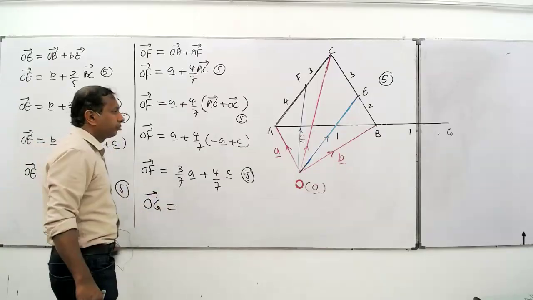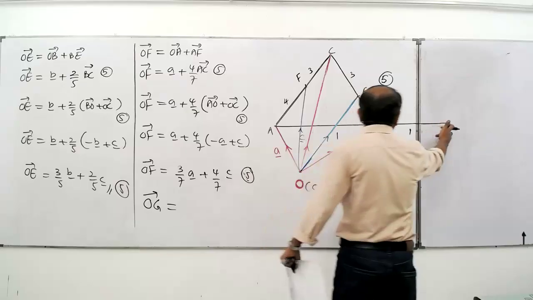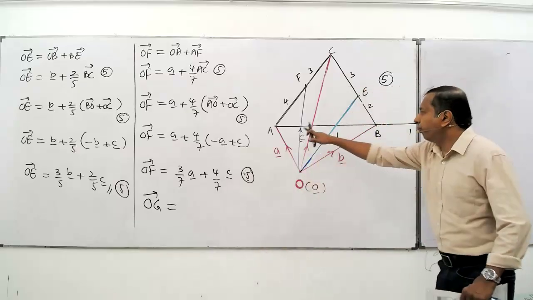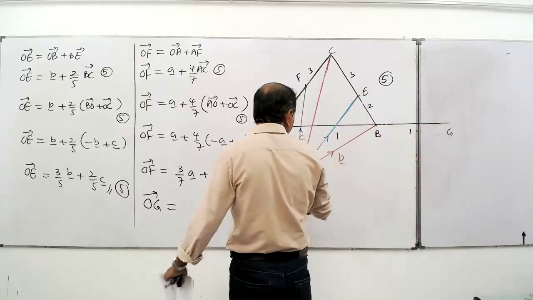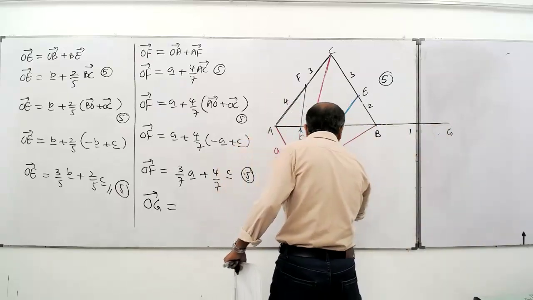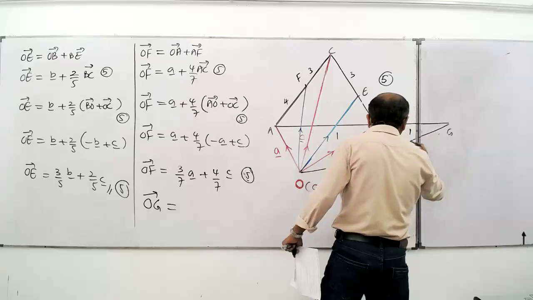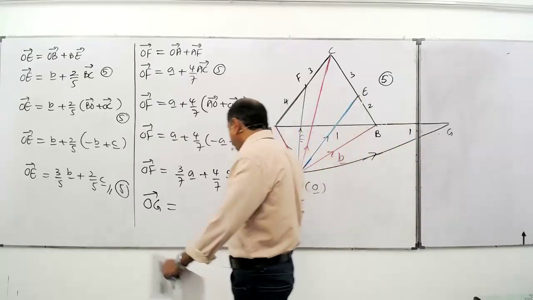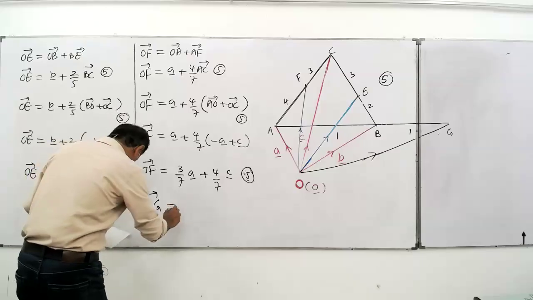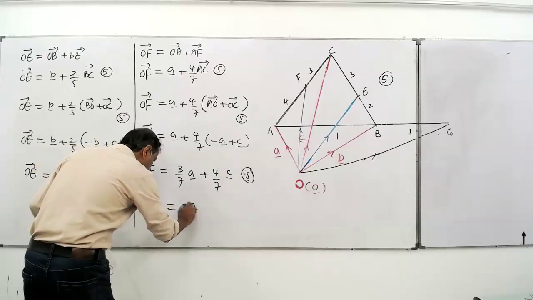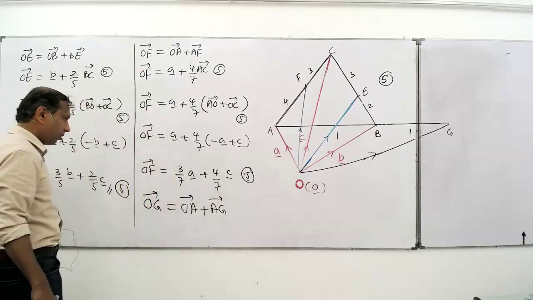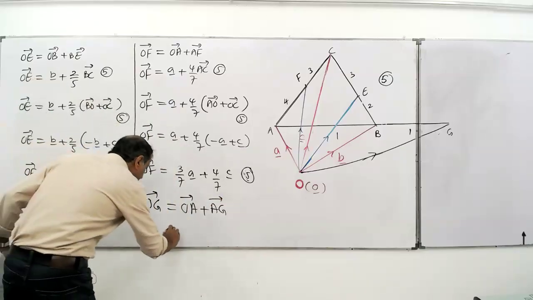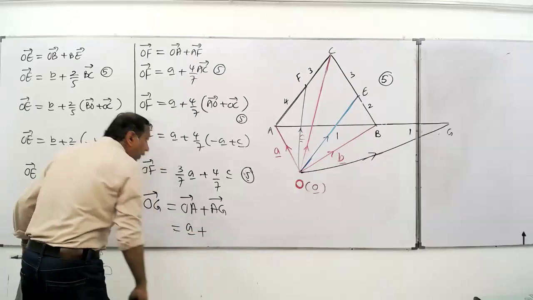OG, if this is the midpoint, is what we are asking. OG you can write as OA plus AG.